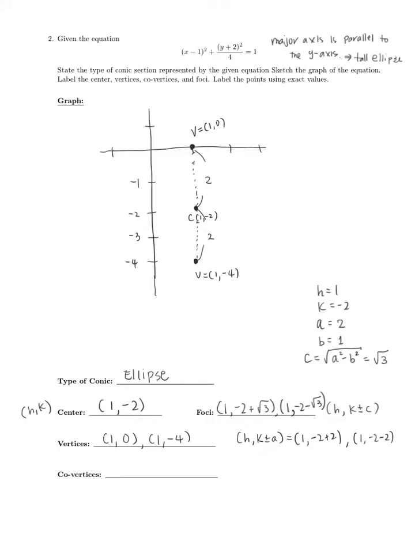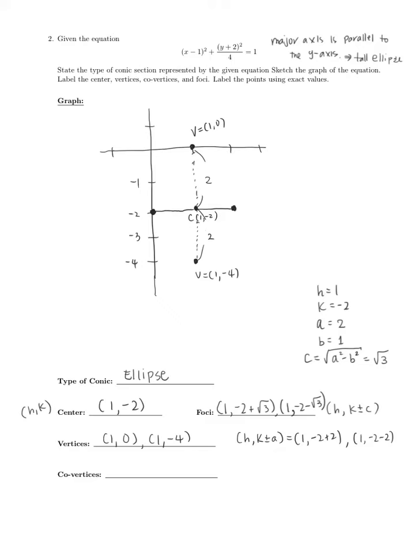Okay, now to determine the co-vertices, the denominator under x minus 1 squared is 1, and square root of 1 is 1. So from the center, what's going to happen is you're going to go 1 unit to the left and then 1 unit to the right. So that's going to be your co-vertices.